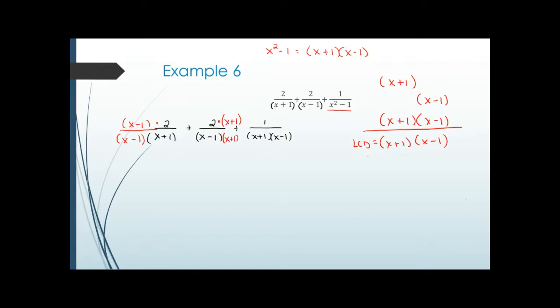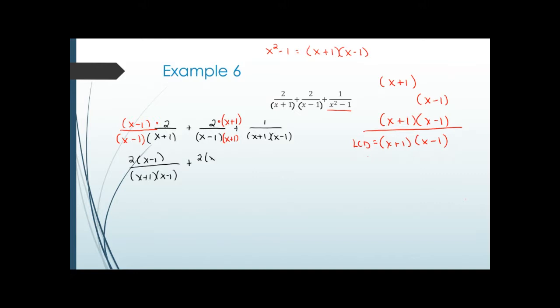So now I'm going to rewrite these. I have 2 times x minus 1. I'm just flipping that because we like to have the number in front. And then our denominator is x plus 1, x minus 1. The order that those are written doesn't matter, so it's the same as x minus 1, x plus 1. If they're multiplied, you can write them in different orders.